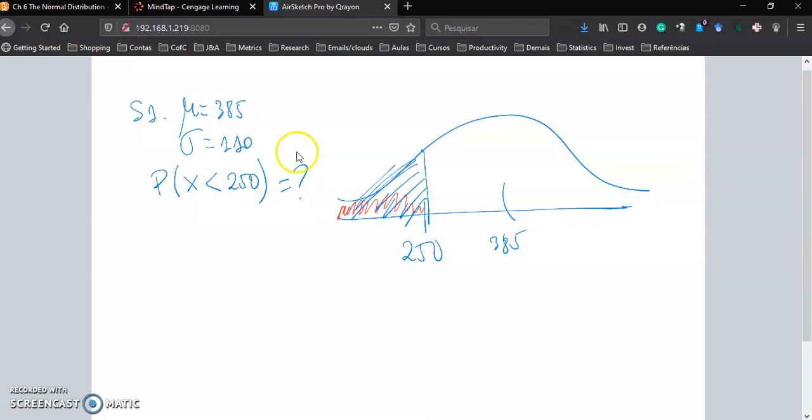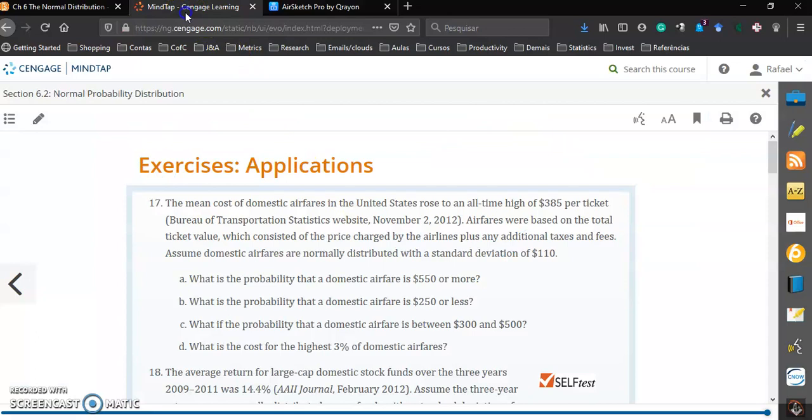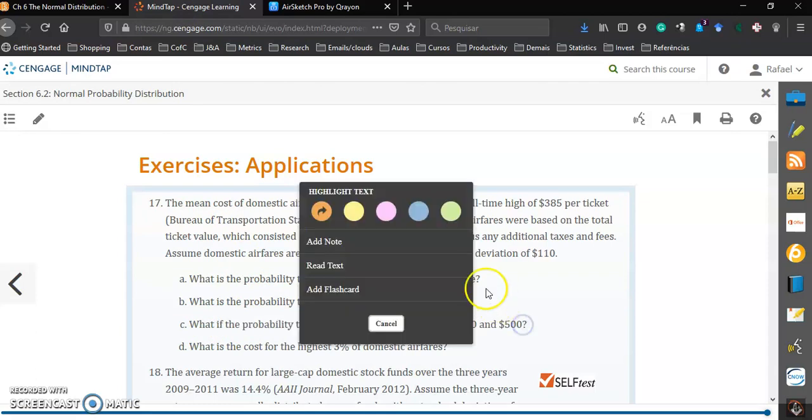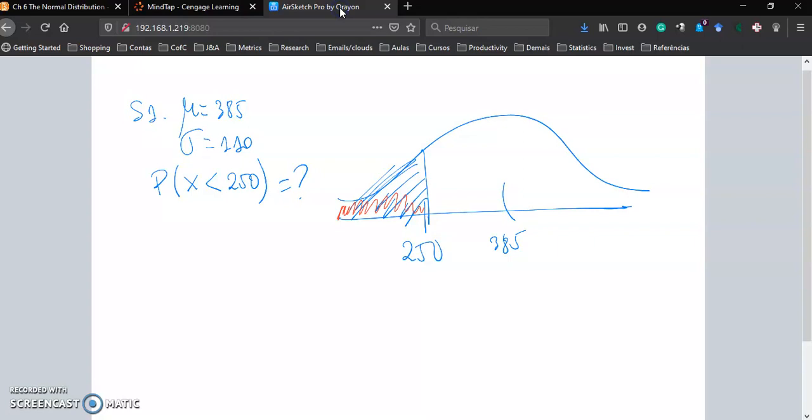Now let's take a look at the next type of problem, the third type, which is this one. What's the probability that a domestic airfare is between 300 and 500? Now we're looking at a different kind of problem. Again, I draw to understand what I'm talking about.